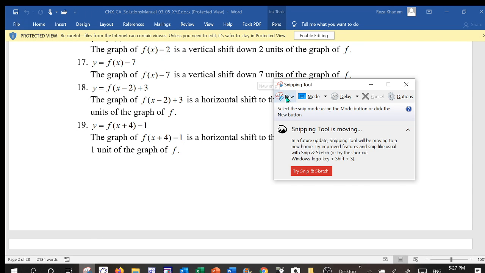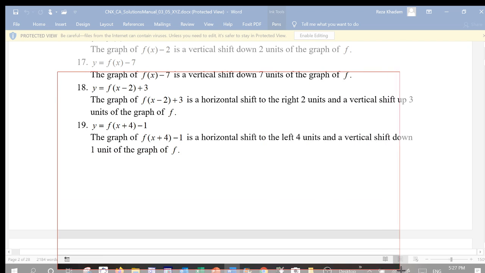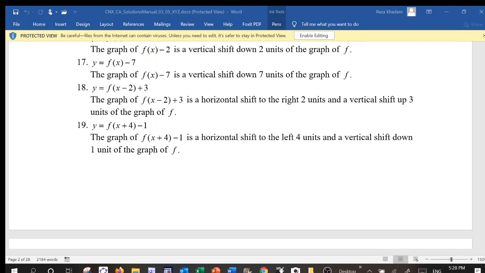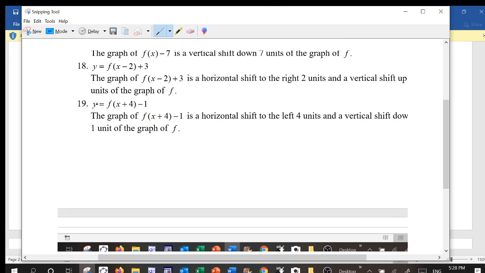We said, let me get this so we can talk about it. So we said that if you start with this function, it doesn't matter whatever it is, what is going on here? What transformations do we have? We have a vertical shift up, and we have a horizontal shift to the right.